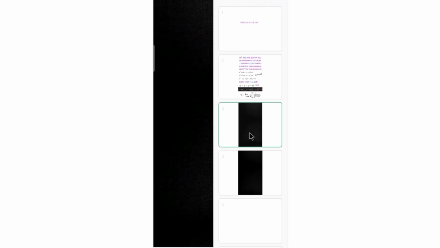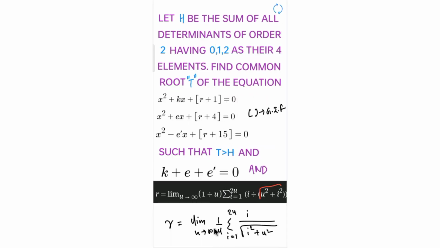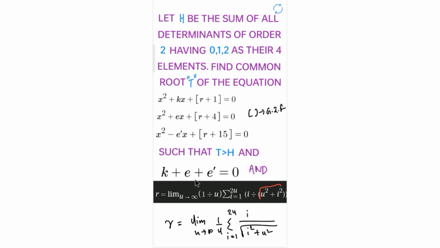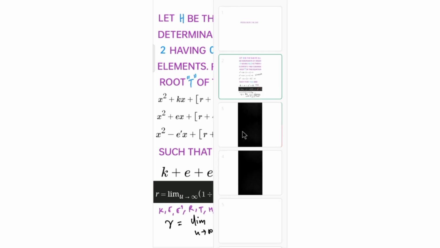So the first thing is H. Let me write here all the variables that I have so that I can avoid confusion. The variables are k, e, e', r, t, h, u and i. Alright, these are the things that I have. So let's move here.